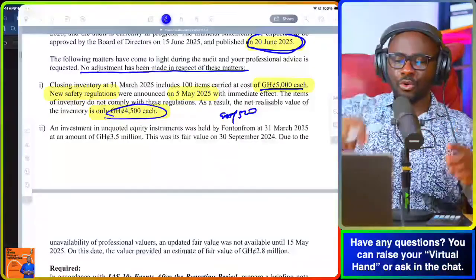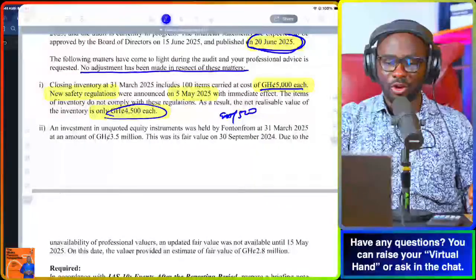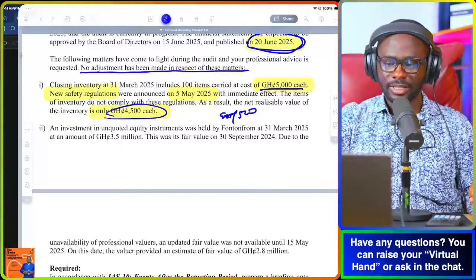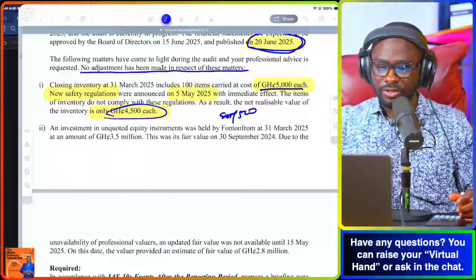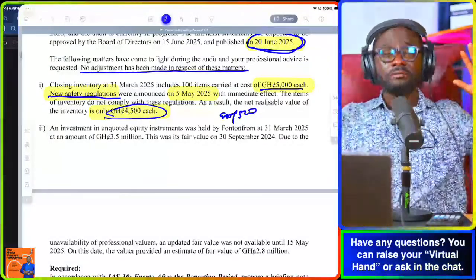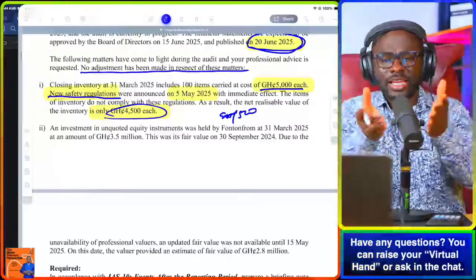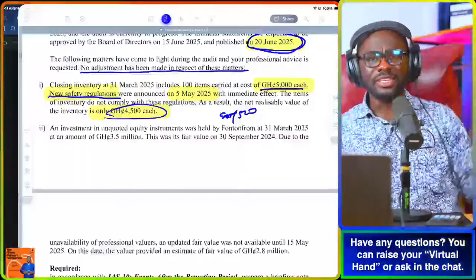What is causing the net realizable value computation? That is the event. The event causing the net realizable value issue here is a new safety regulation. That new safety regulation was not there at the reporting date.